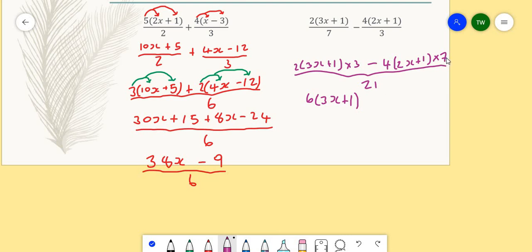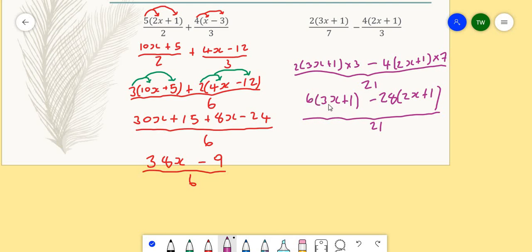Here, we're going to multiply 7 times negative 4, and that's going to give us negative 28, times the bracket here, which is 2x plus 1. And all of this over our common denominator of 21.